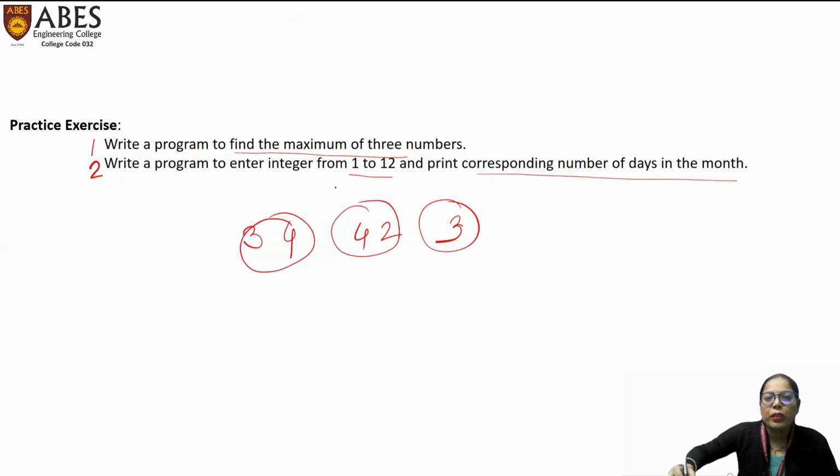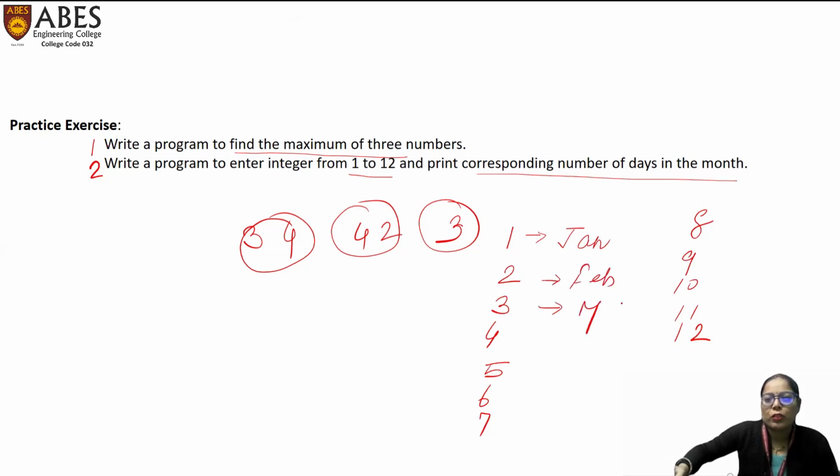So you enter an integer like 1, 2, 3, 4, 5, 6, 7, 8, 9, 10, 11, 12, and you have to print correspondingly 1 for January, 2 for February, 3 for March, 4 for April, and so on till December.